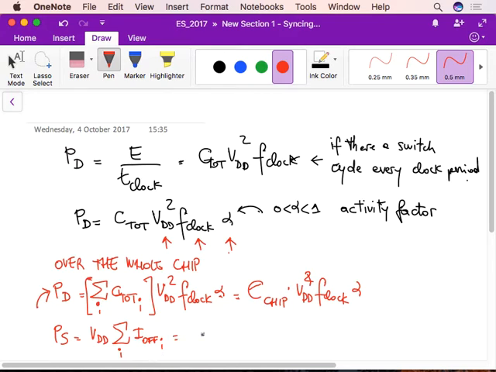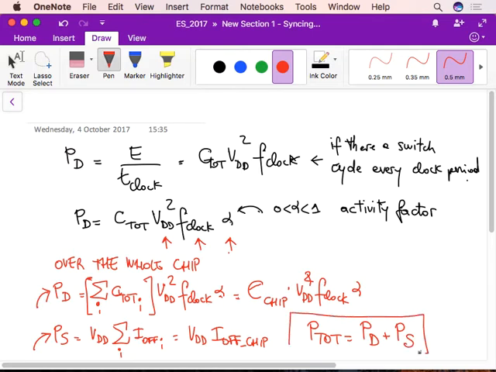So basically here you have VDD times I off for the whole chip. And then when you have both, the total power consumption is equal to the sum of PD plus PS.